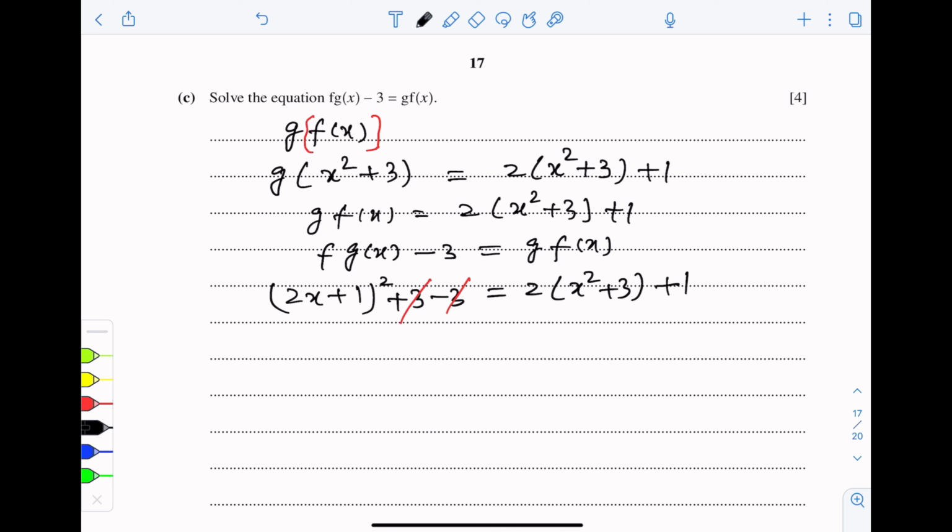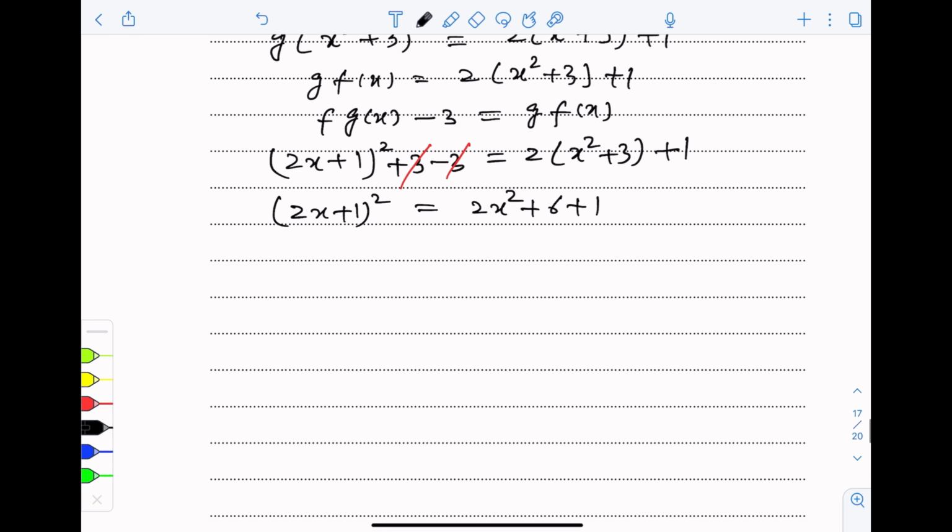Cancel out, 2x plus 1 square is equal to 2x square plus 6 plus 1.